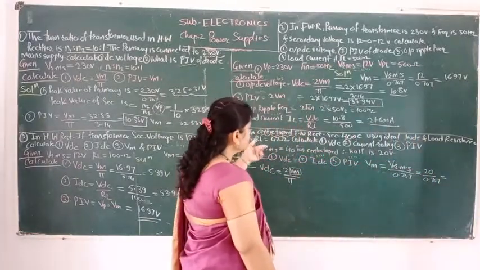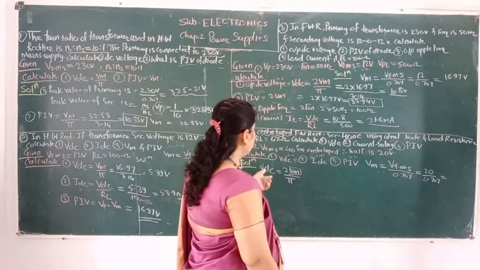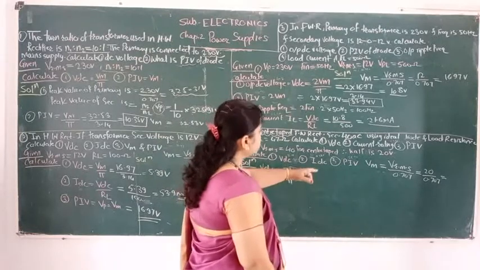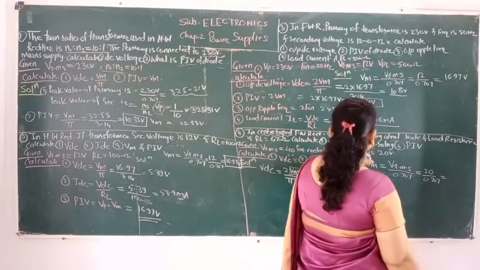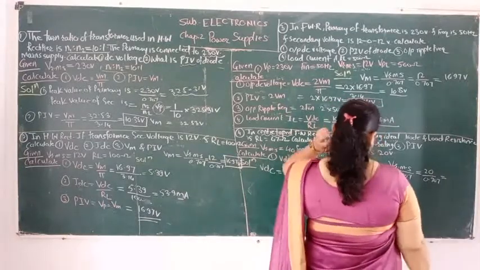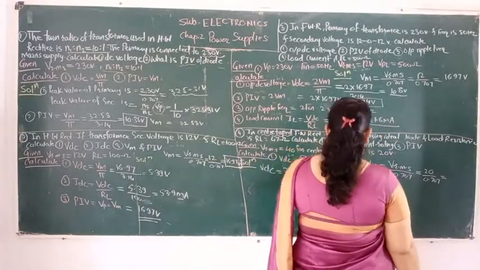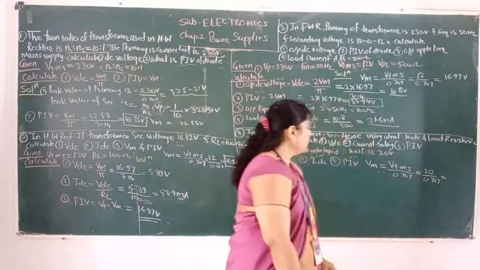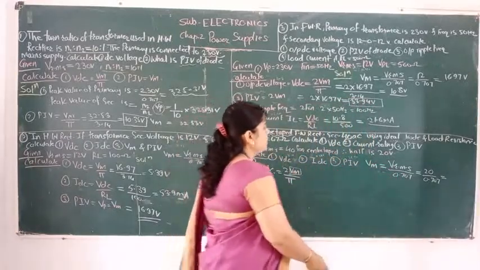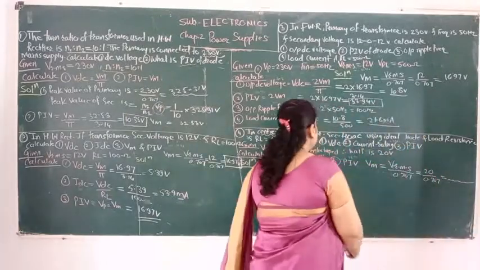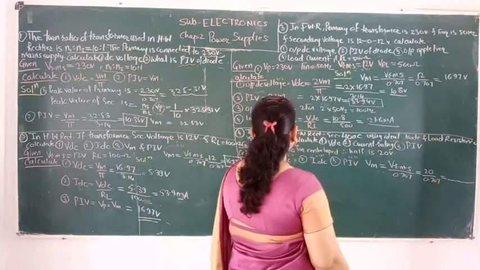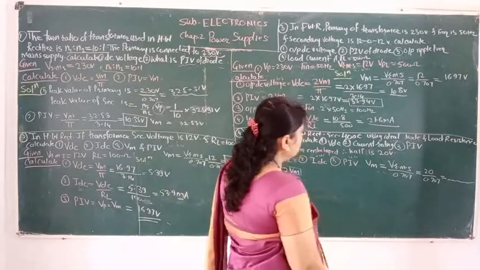Okay. So in this, what do we have to calculate? VDC and IDC and what? PIV, peak inverse voltage. Current rating is asked, isn't it? So 20 divided by 0.707, whatever value we get, is the value of Vm in this example.